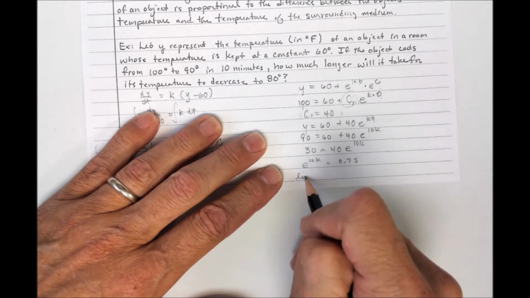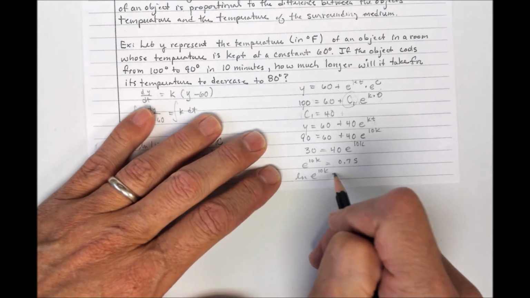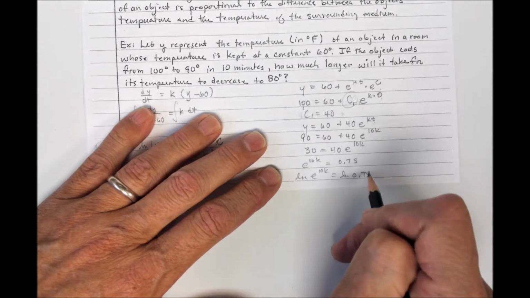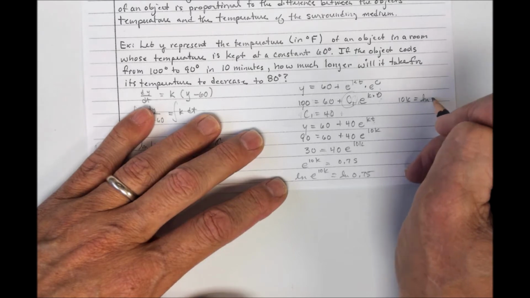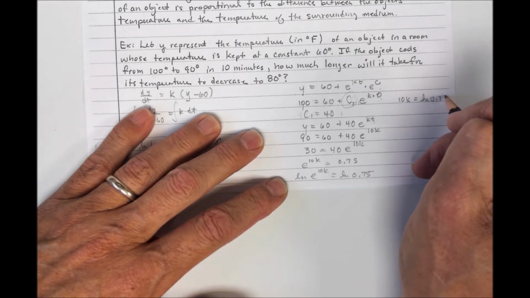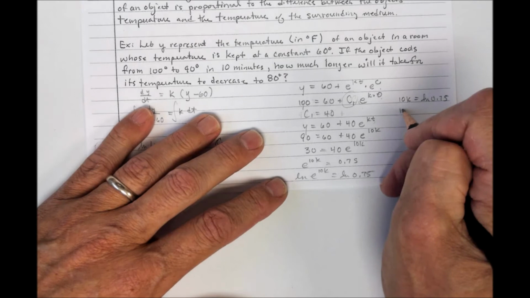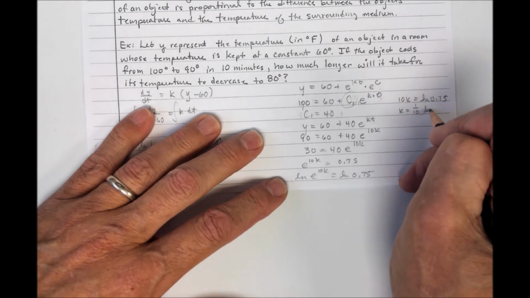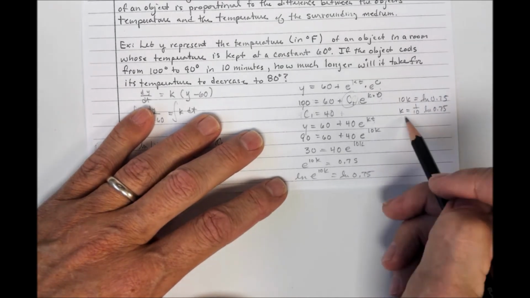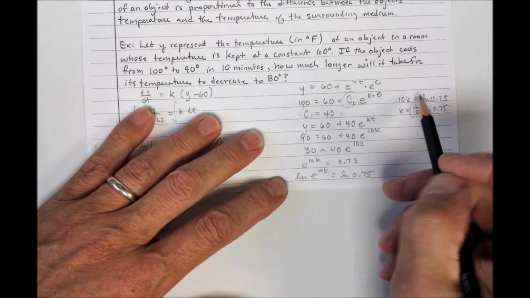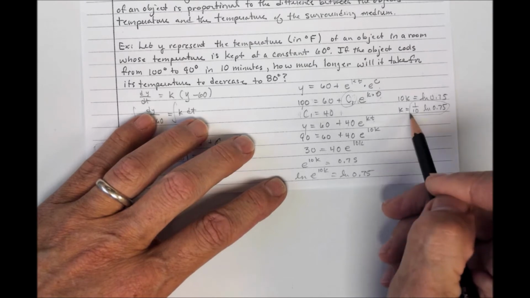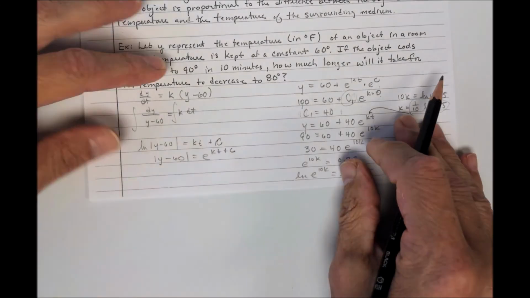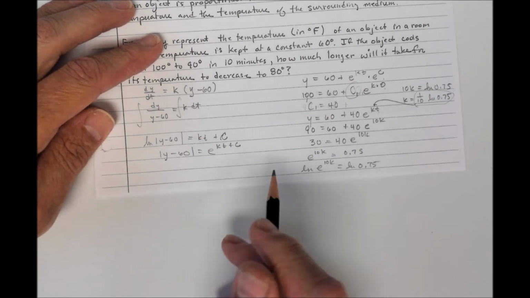Take the natural log of both sides. I didn't think I was going to have enough space here, but maybe I can. So I get 10k is equal to the natural log of 0.75. So k is equal to 1/10 the natural log of 0.75. Let me erase this so I have some more space.